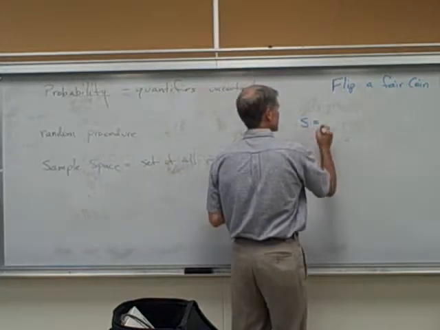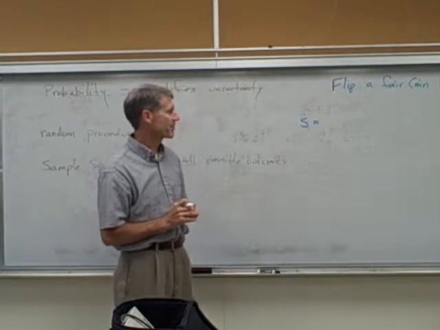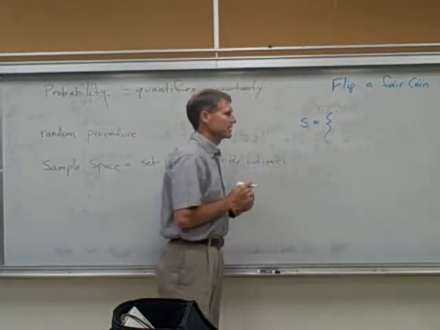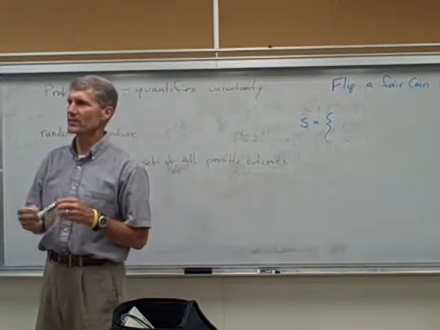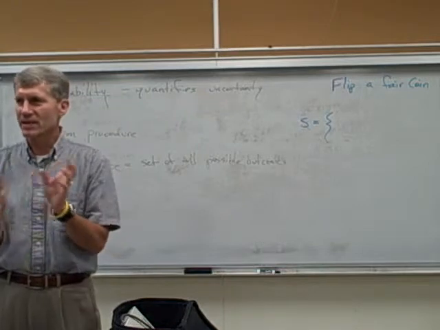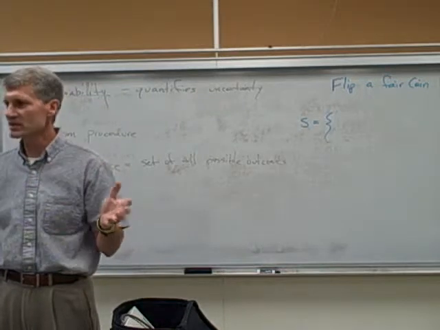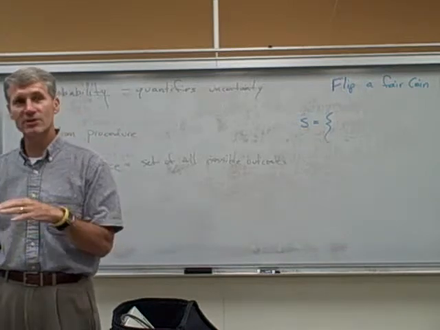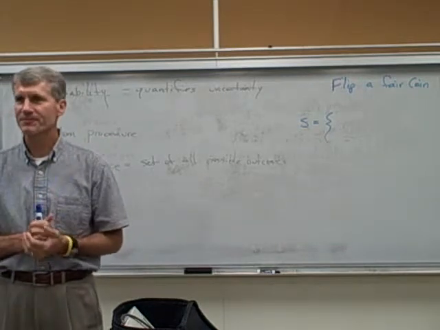The way we denote sample space is with a capital S, and then it's set notation. Now everybody in here probably at some point in your mathematical lives has had a little bit of set theory. You might not have had very much, but you learned what a set was, and intersection of sets, union of sets. Have you heard of these terms before?